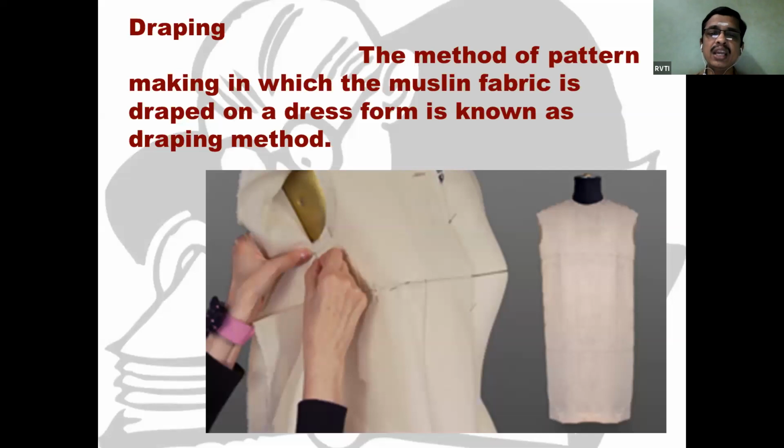So we simply place the fabric on a dress form, and with the help of pins and scissors we are pinning, and we have to cut and remove the extra fabric, and we are preparing one pattern. In this method we can easily prepare a pattern, that is known as draping method.